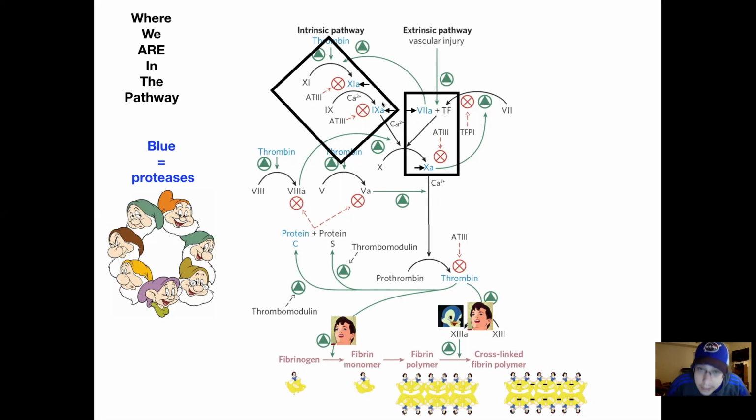I'll focus first on the extrinsic pathway because the extrinsic pathway is what is responsive to the signal, how our movie began, right? In this case, the signal being vascular injury. But let's talk about some of these 7 dwarfs.